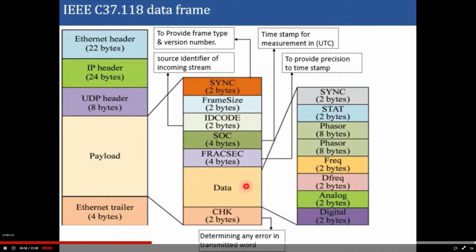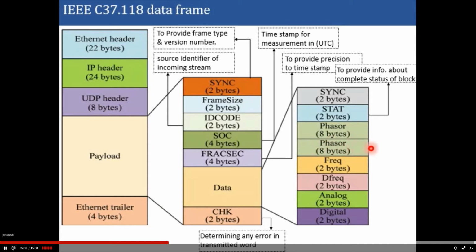Now in this data frame, what information do you store? So first is the sync block, which is again to provide the frame type and version number details. Stat block is to provide information about the complete status of this data block. And then we have the various phasor data information. So first block of the phasor may contain voltage phasor information.